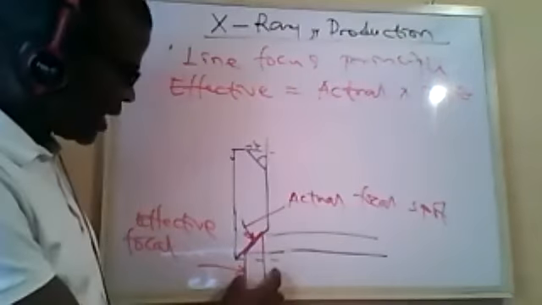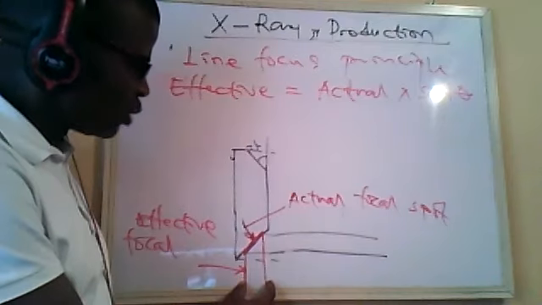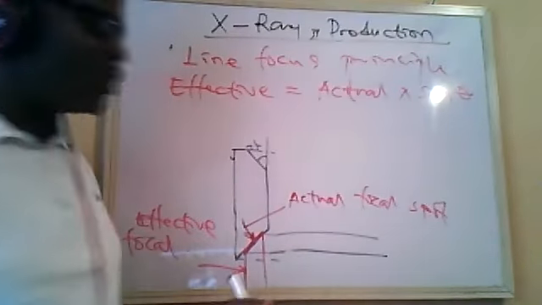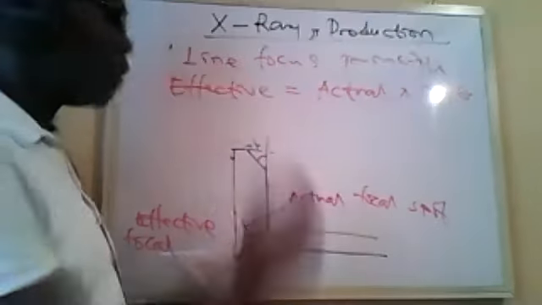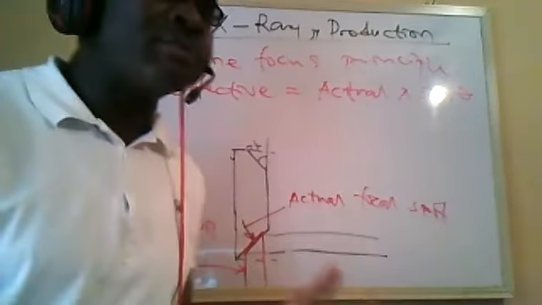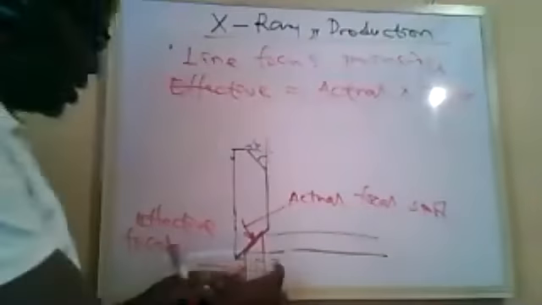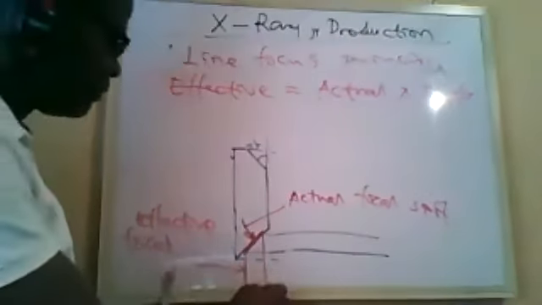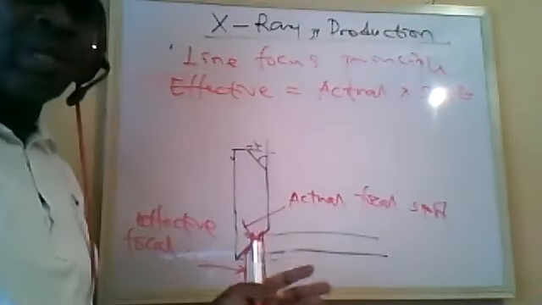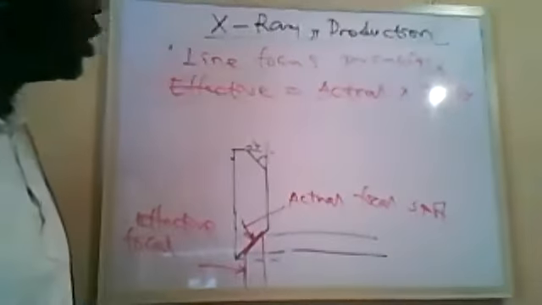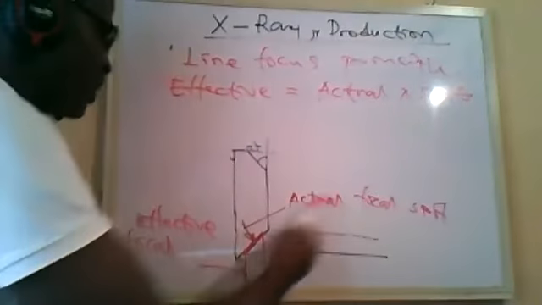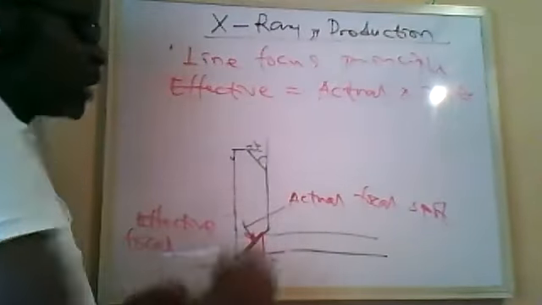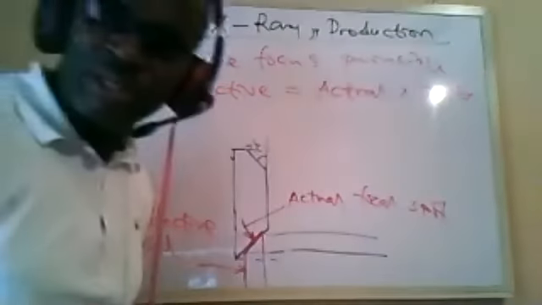So we try as much as possible to make this small, but not so small that at the end of the day we are not going to have anything. For general radiography, this mustn't be so small such that you wouldn't have a useful X-ray beam being used on the patient. So the actual focal spot is foreshortened by this line focus principle because of the angulation of the anode.